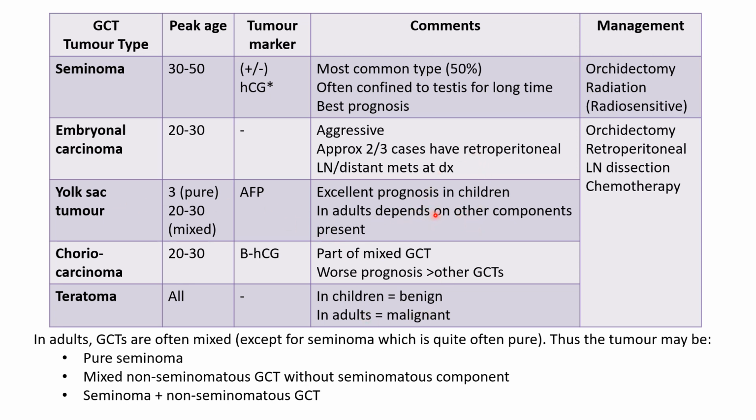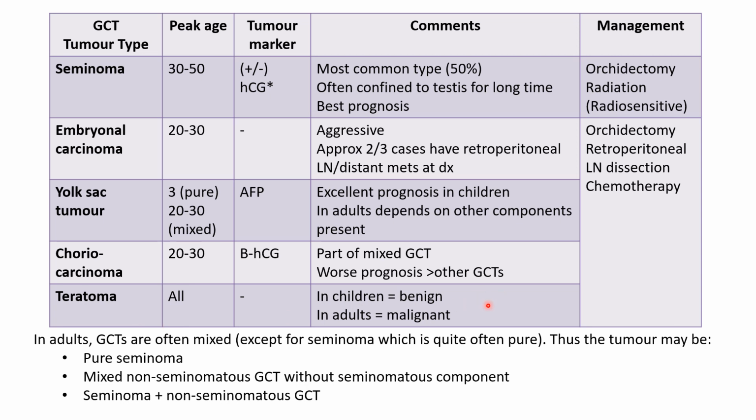Yolk sac tumor, for example, has excellent prognosis in children, but in adults, the prognosis will depend on other components that are present. For example, if the yolk sac tumor occurs in combination with choriocarcinoma, then the prognosis is dictated by the choriocarcinomatous component.